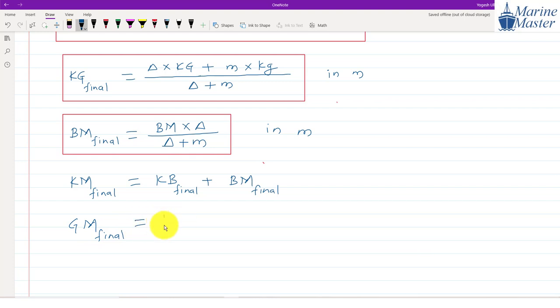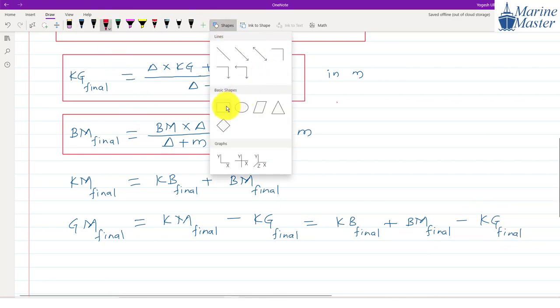GM final will be KM final minus KG final, and KM final means KB final plus BM final, minus KG final. You may have studied all these things.